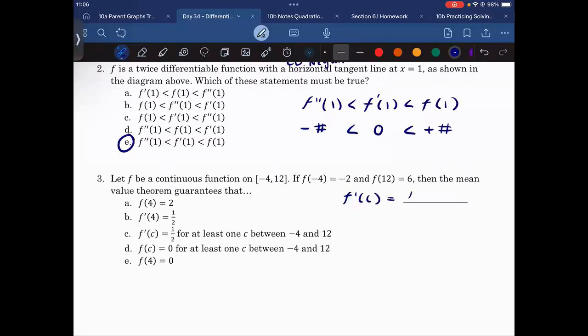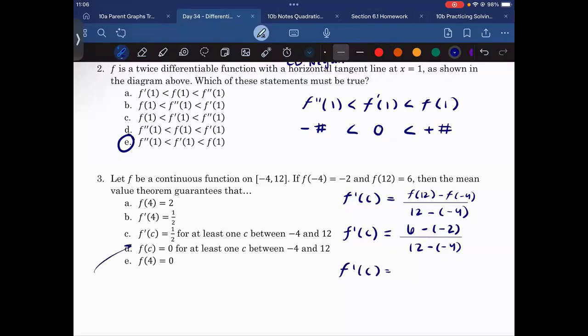F of 12 minus f of negative 4, over 12 minus negative 4, plug in the things that match. 6 minus negative 2, and I'm just going to do a quick solve. The reason I'm doing f prime of c is because I see this in the answer. 6, that'll be 8, and then that'll be 16, 1/2.